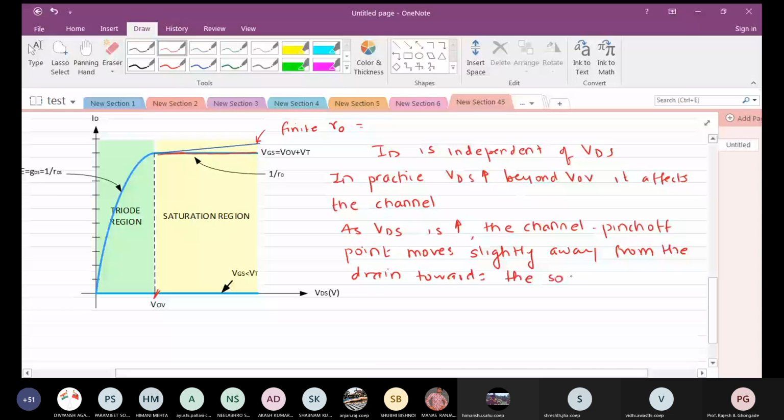If you remember the figure, just a moment, I'll get that figure once again.